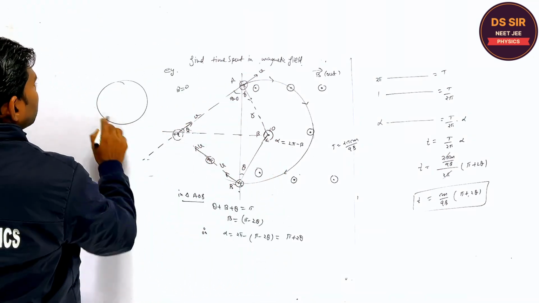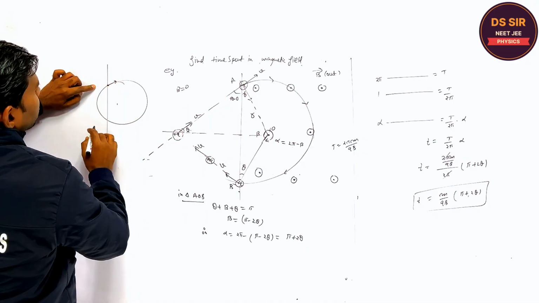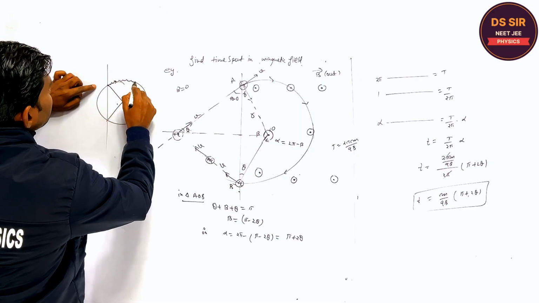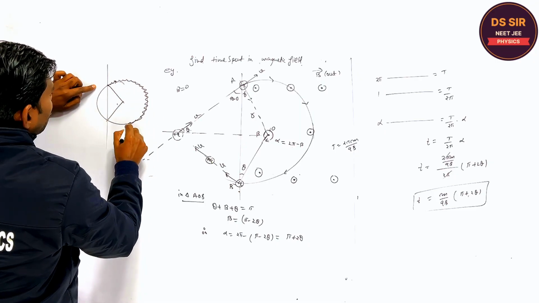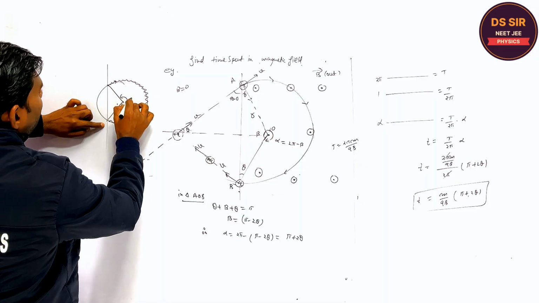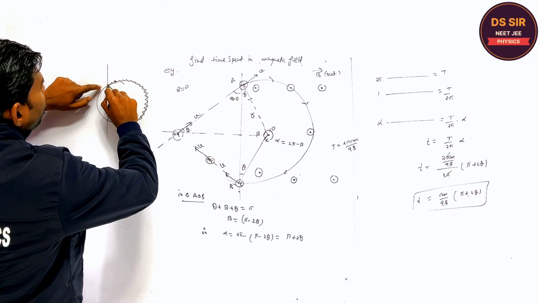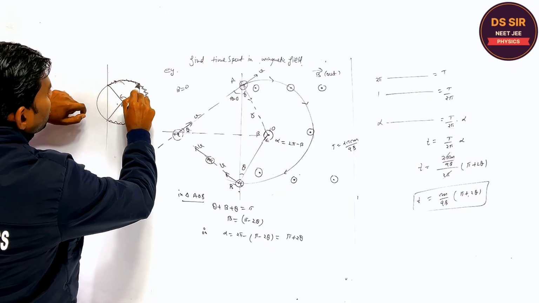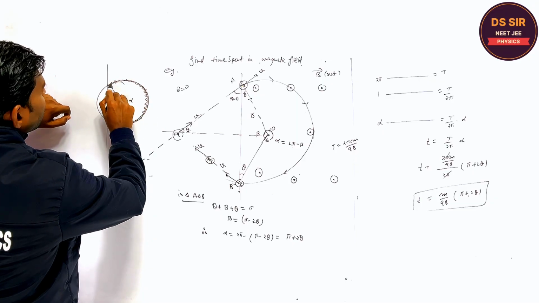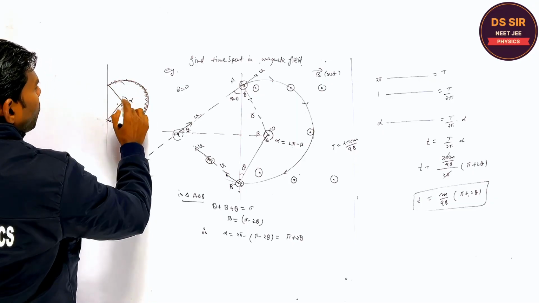Suppose this is the circle. In this case, the motion starts from here. So this is the circular arc which subtends the angle alpha over here. Are you getting or not? So we have to find the time for this part, not by this part. So what is this angle?